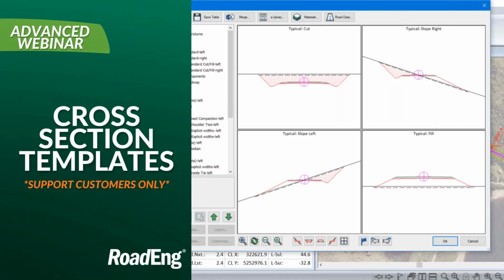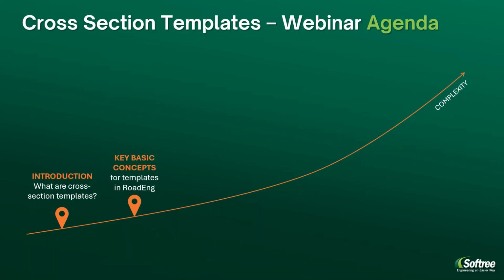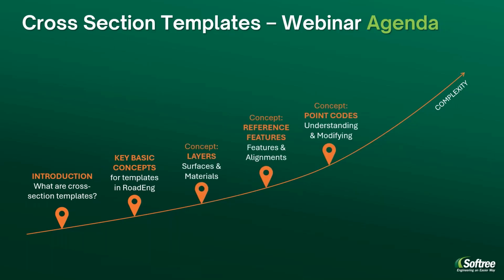So our little agenda for today really is one of increasing complexity. I am going to start with an introduction, talk a little bit about what cross-section templates are in RoadEng, talk about some key basic concepts, the foundation for cross-section templates, and then we're going to start to get a little bit more complicated. We're going to move into a few other key concepts.